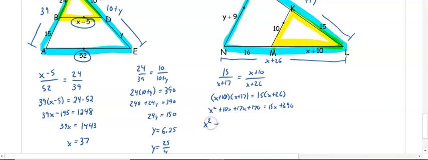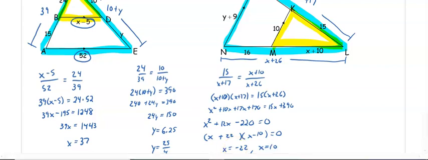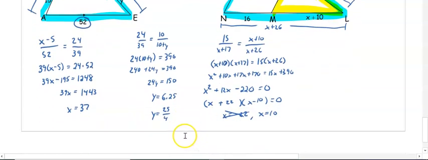So we have X squared plus 12X minus 220 equals 0. So two numbers that multiply to negative 220 and add to 12 would be X plus 22 and X minus 10. When we switch our signs, X is negative 22 and X is positive 10. We are not going to include the negative 22 because that would give us a negative side length.